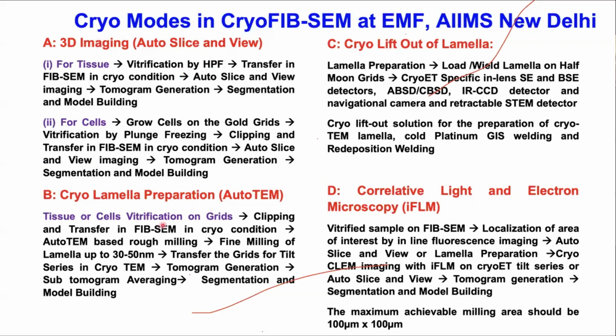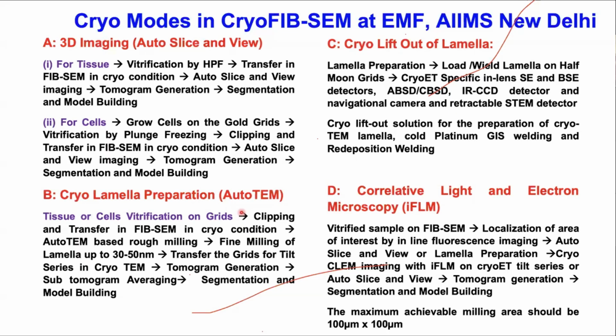In a similar way, we can prepare the lamella. It's a primary use of these cryo conditions, lamella preparation by using AutoTEM. Everything is standardized, and very simple systems are already there. The software of this machine is set, and anyone can learn the whole process.